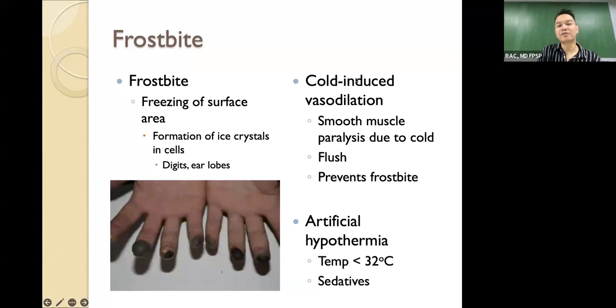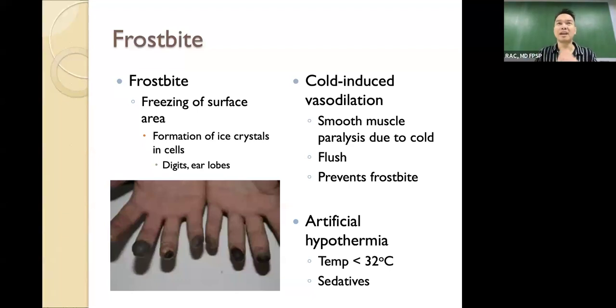Now, cold-induced vasodilation is actually a protective mechanism to prevent frostbite. So what happens is that the arteriovenous anastomoses, when exposed to extreme temperature, do not constrict. So they remain open. So this will allow warm blood from the core to go to the skin. So that prevents frostbite. That prevents freezing of water within the cells.